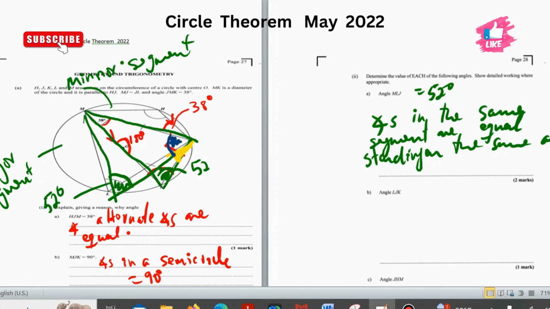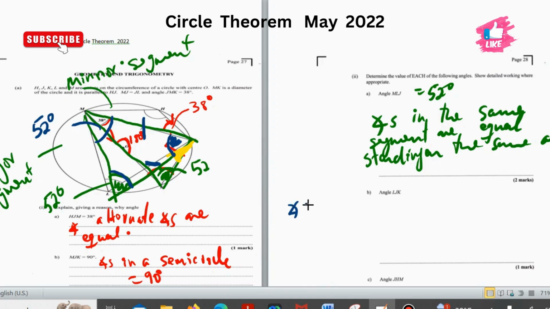Remember, this line was equal to this line. So we have an isosceles triangle. And therefore, if this angle is 52, this angle here is also equal to 52.